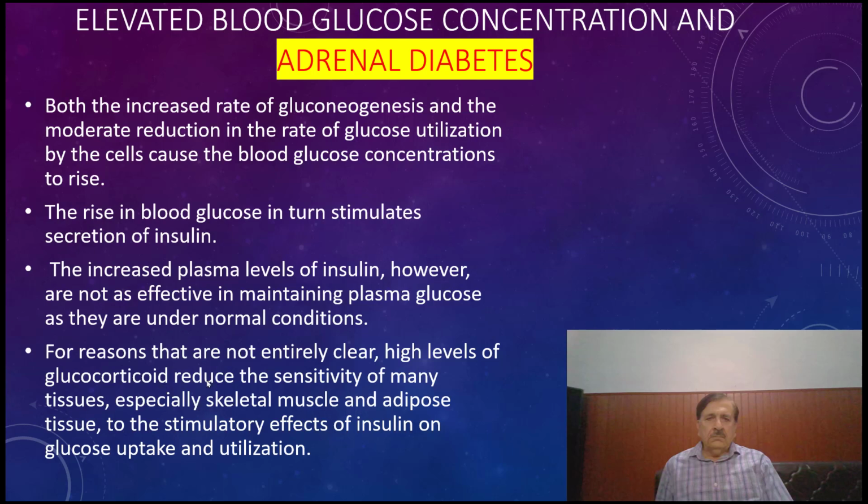As we know, when insulin is released, the glucose is taken up by the skeletal muscle and adipose tissue. But in adrenal diabetes, this effect is reduced, and the reason is not clear, but the utilization of glucose by the skeletal muscle and adipose tissue is reduced, and it leads to adrenal diabetes.